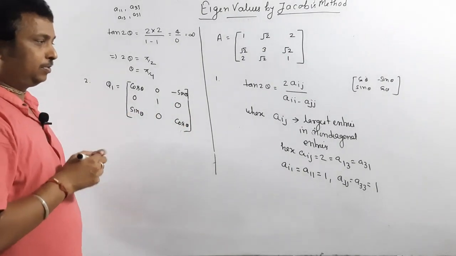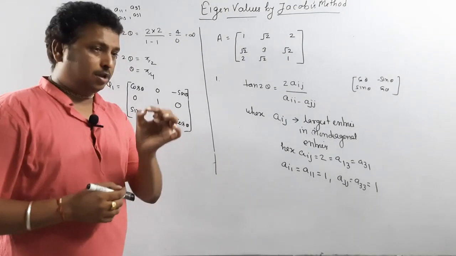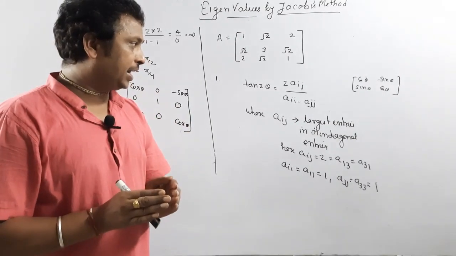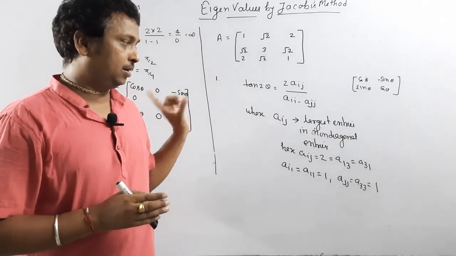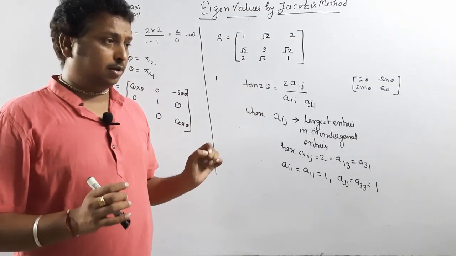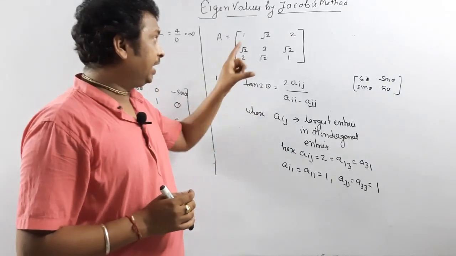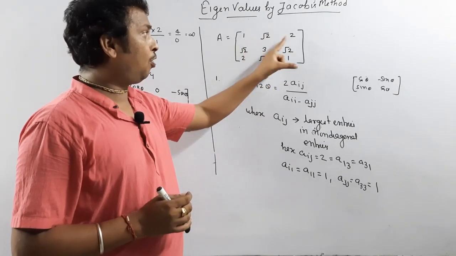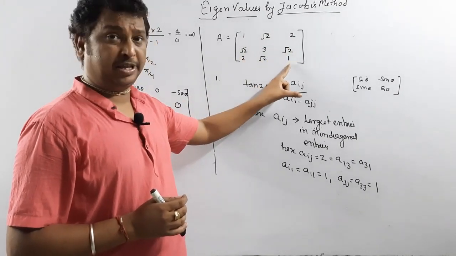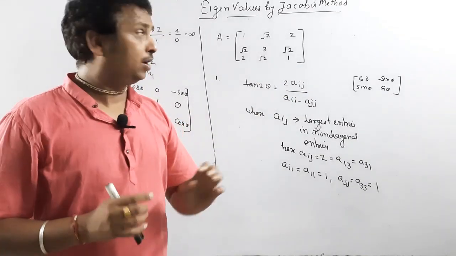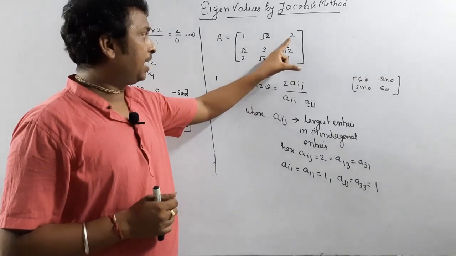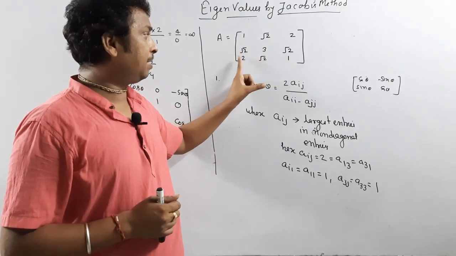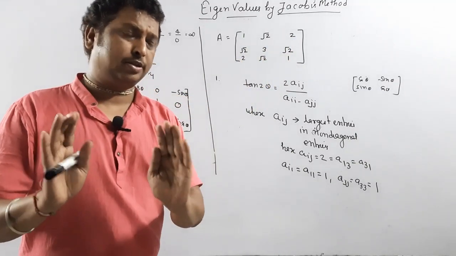This is the most important thing. Always check what entries you have taken for calculating theta. Here we have taken A11, A33, A13, A31. So only in these 4 places you have to fill cos theta and minus sin theta, or sin theta and minus sin theta, your choice.